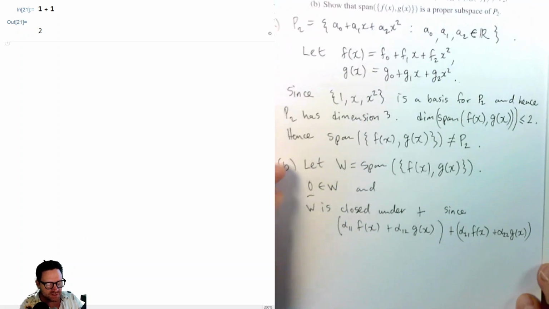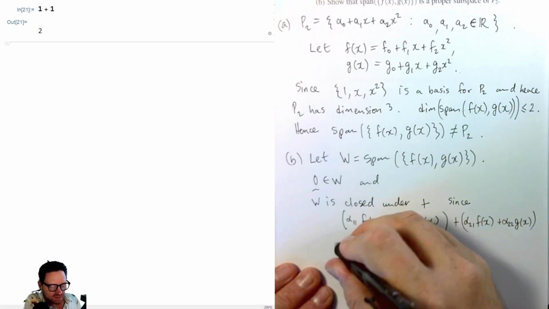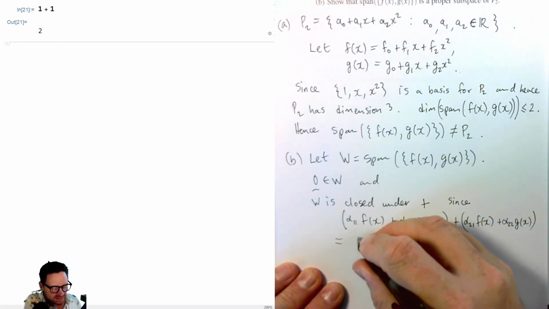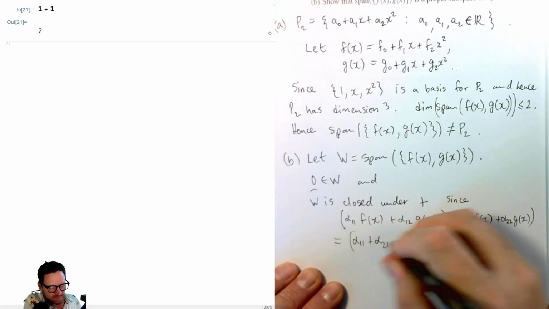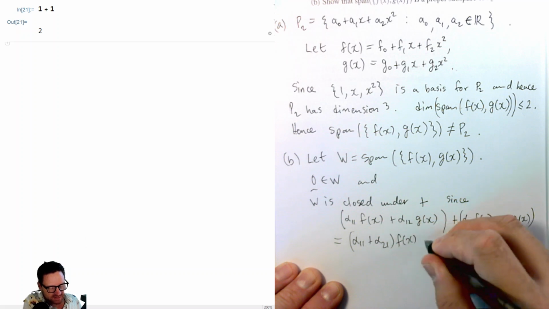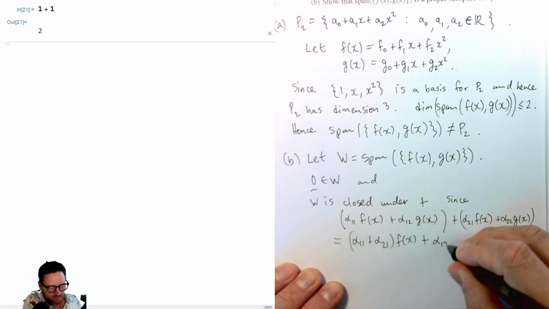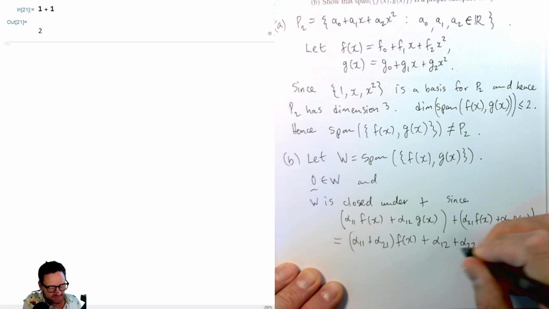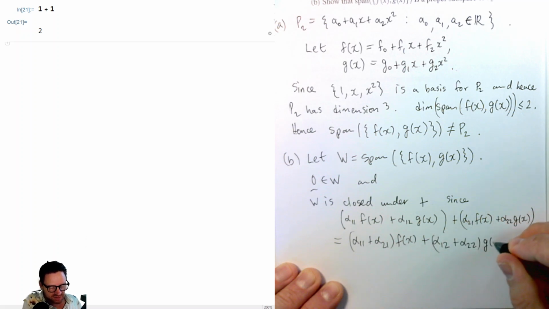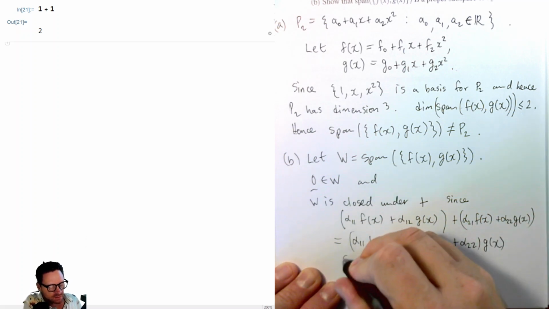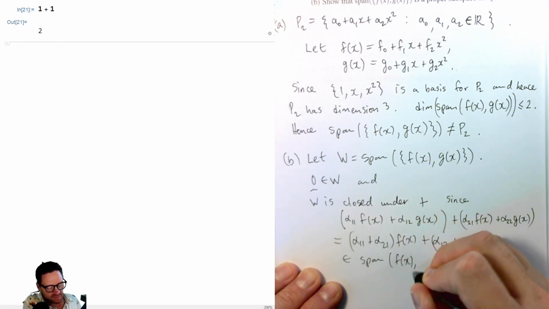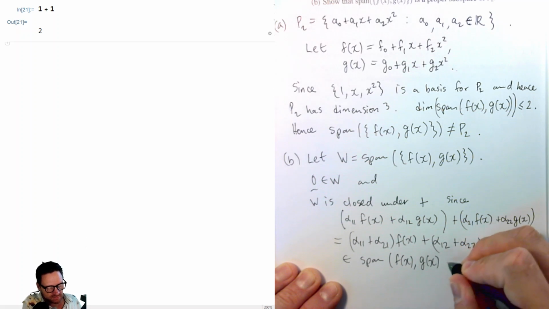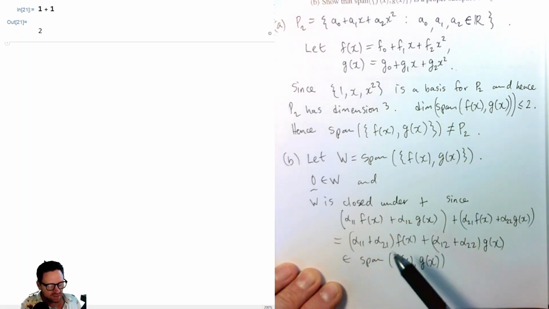Then this is also in the span of f and g, because we can write this as alpha 1 1 plus alpha 2 1 times f of x plus alpha 1 2 plus alpha 2 2 times g of x, which is in the span of f and g, because this is a linear combination of f and g.